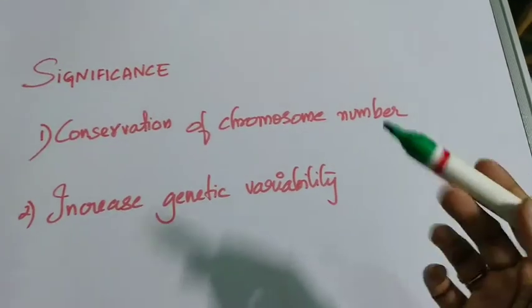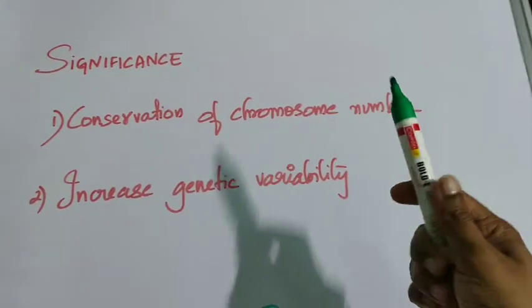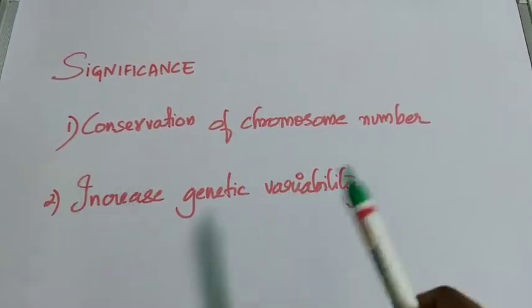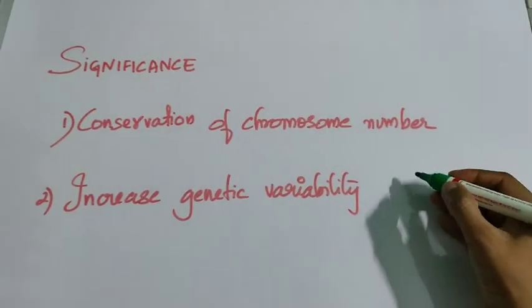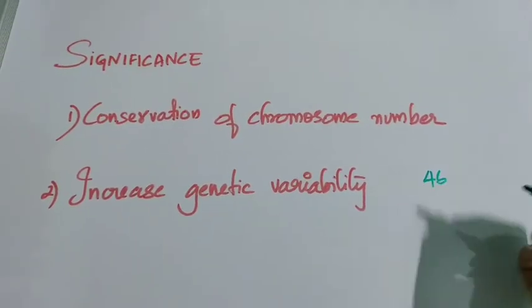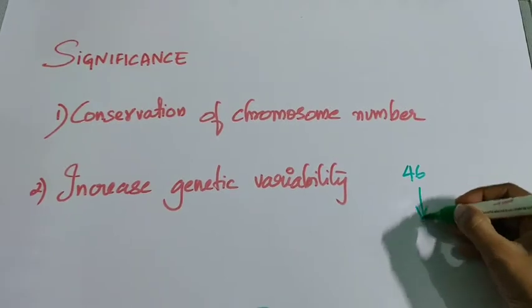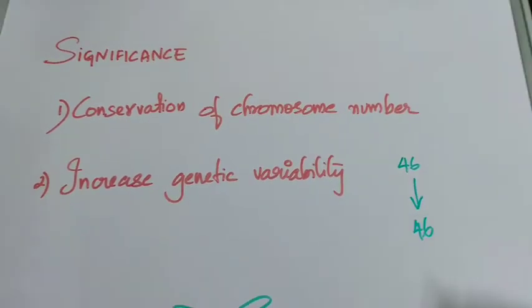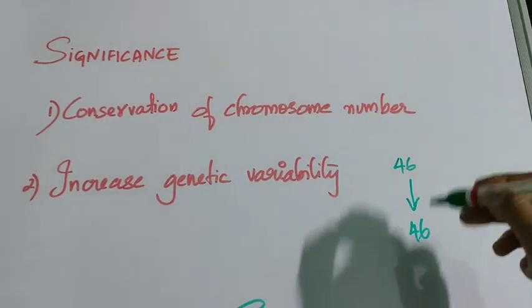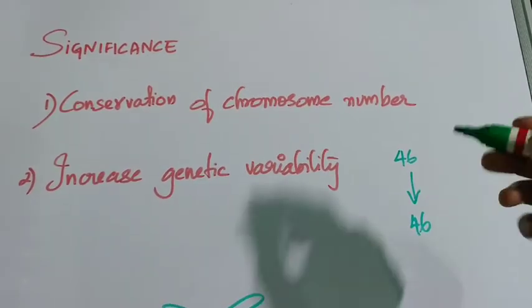Now moving on to the significance of meiosis, I told you earlier, conservation of chromosome number. That is, if an organism is having 46 chromosome, their daughter or the next generation should also have 46 chromosome. There should not be any change in the chromosome number. Only then can we ensure the continuity of the species.